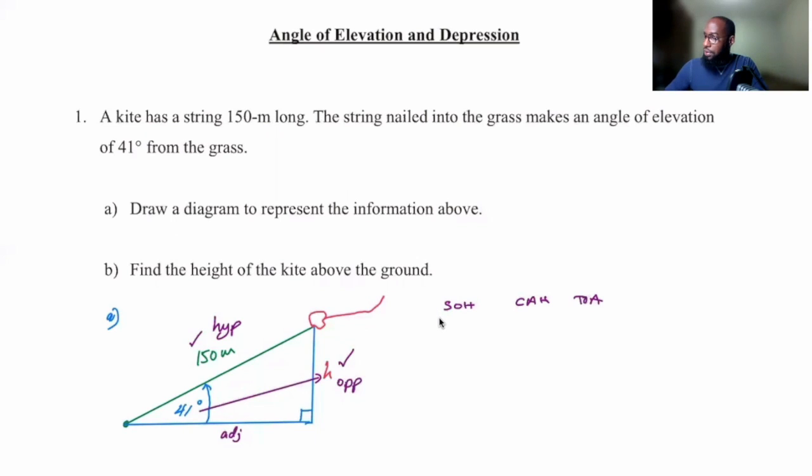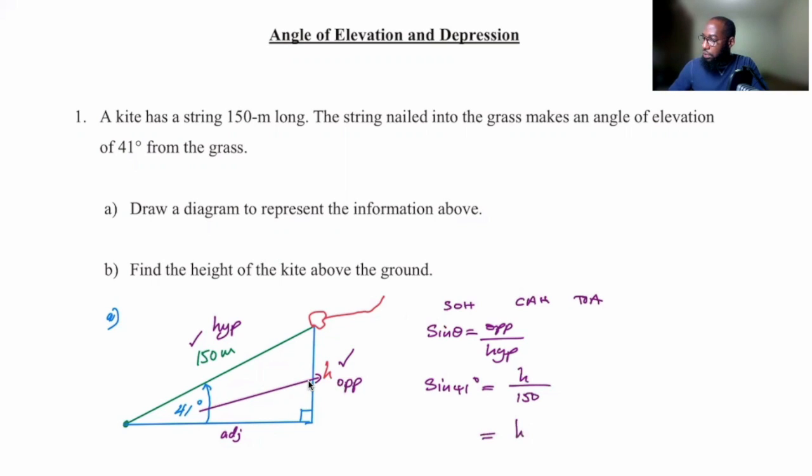So sine theta is equal to opposite over hypotenuse. Now we substitute. Sine 41 degrees is equal to opposite, which is h, over hypotenuse, which is 150.